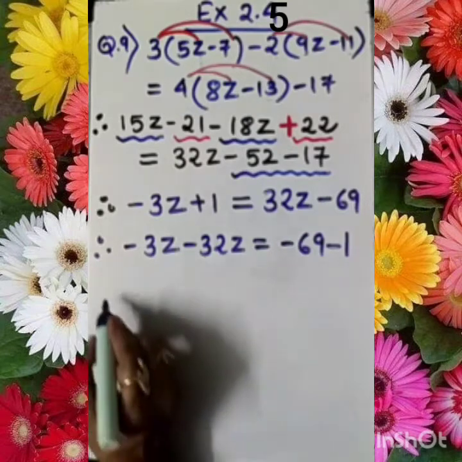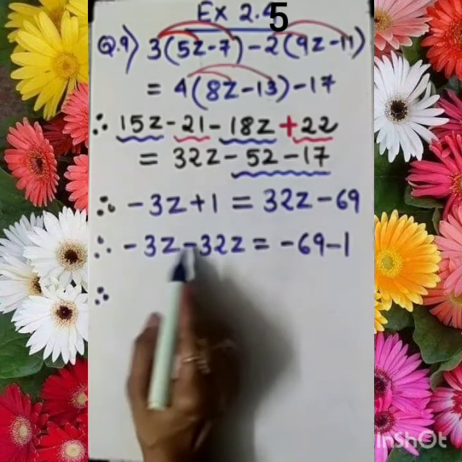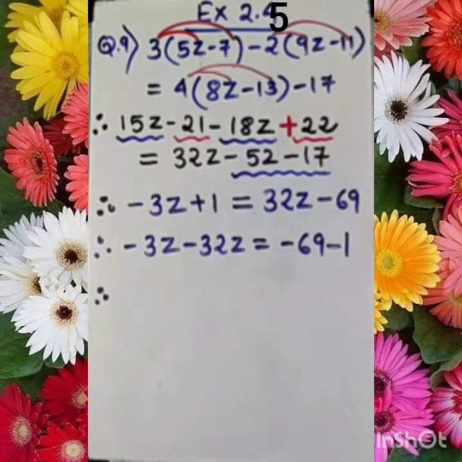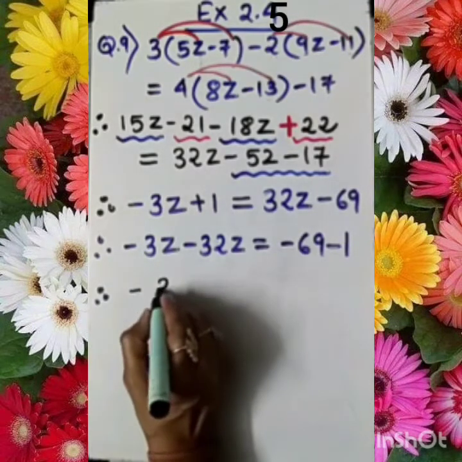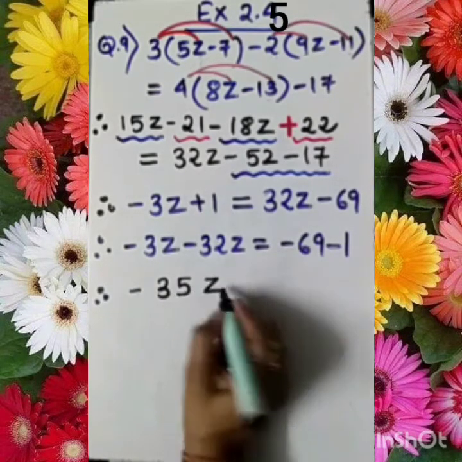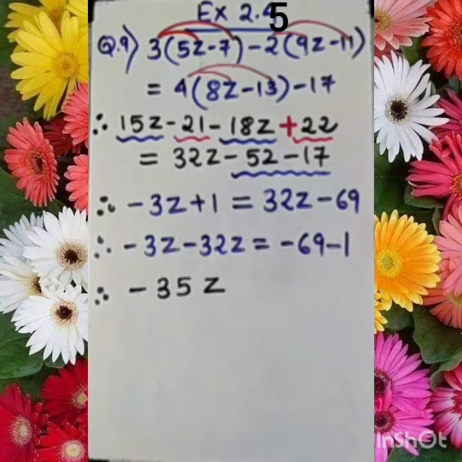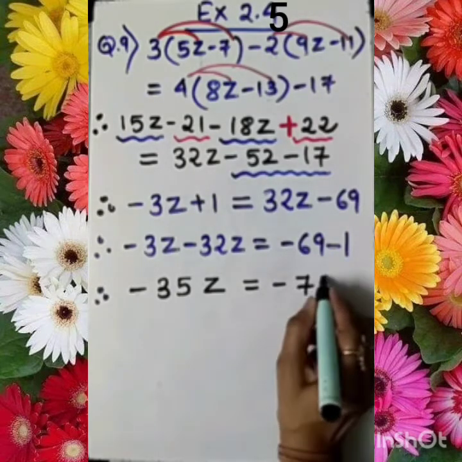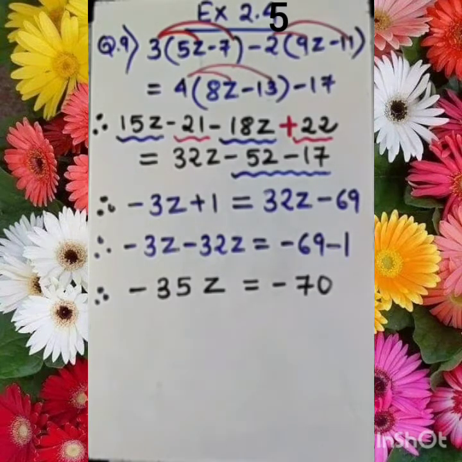Easy. Now on both sides, similar sign, addition. So minus 3z minus 32z gives the result minus 35z. Same sign addition, but the sign remains minus. Minus 69 minus 1 gives the result minus 70. Again same sign addition.